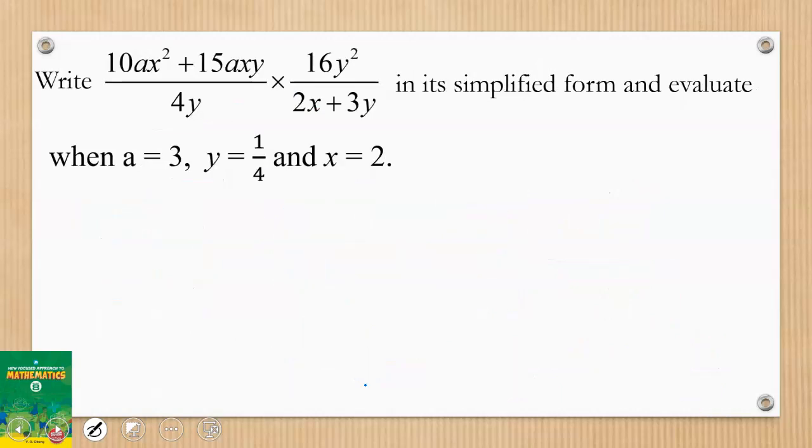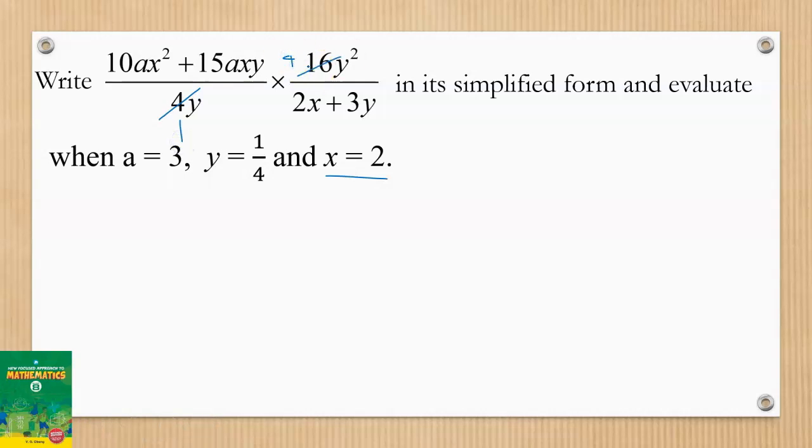Now let's take the last example here. We have to write this in its simplest form and evaluate this when a is that and y and everything has been given as such. So first of all, let's start with our cancellation again. 4 here can divide itself 1 and 4 can divide here as 4.